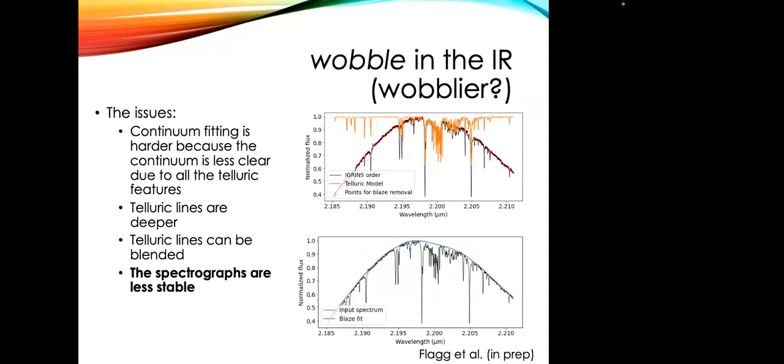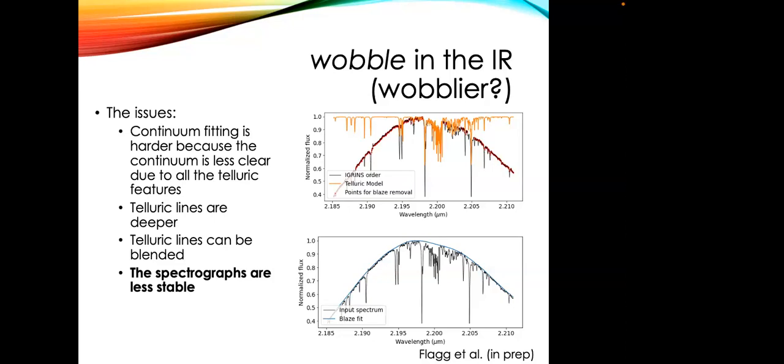So what I was hoping to do is port this to the infrared, because we do a lot of really cool science in the infrared, and if we're going to be looking for biomarkers, they're likely going to be not completely, but largely in the infrared. This is really tricky, because there are a lot of difficulties with infrared spectroscopy compared to optical spectroscopy. Four main ones: continuum fitting is harder because the continuum is less clear due to all the telluric features.